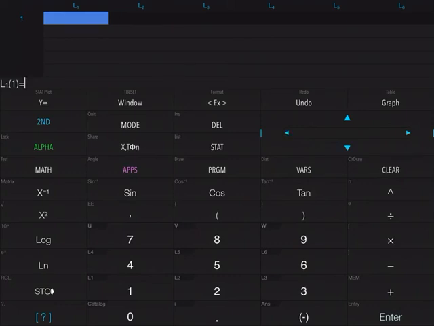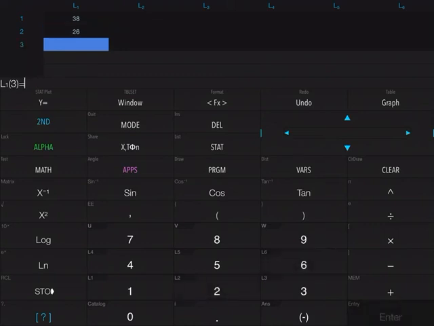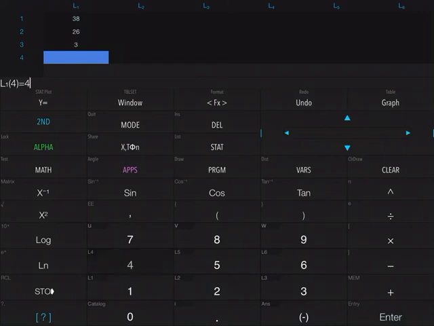So we're going to go into L1, stat, edit, clear out what's already in there, and find. Okay, so we had 38. Whoops, it turned sideways.